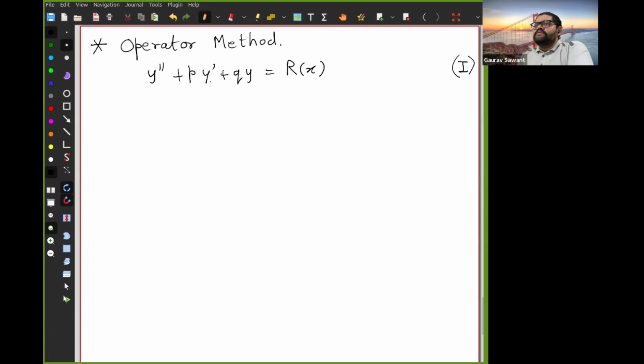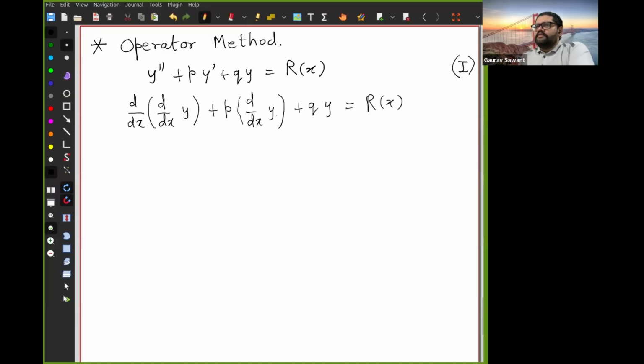So here it is essentially d by dx acting on d by dx acting on y, plus p times d by dx acting on y, plus qy equal to rx, right?